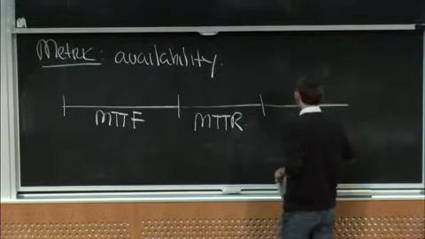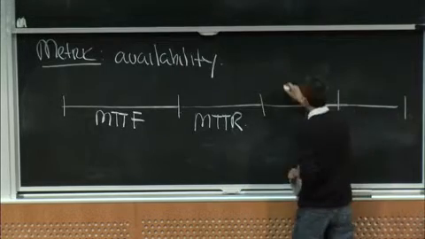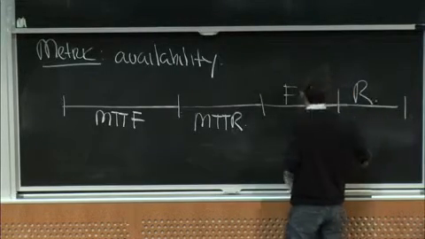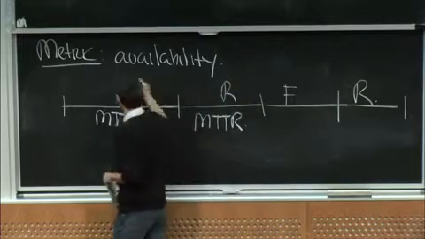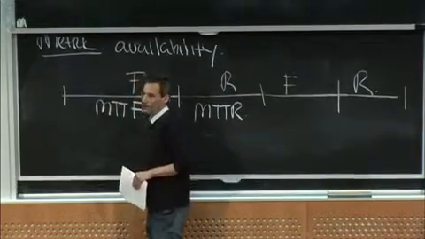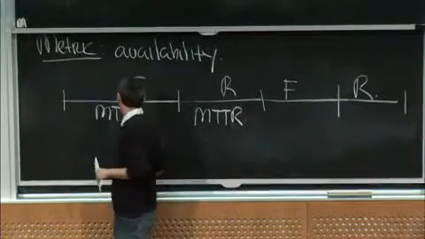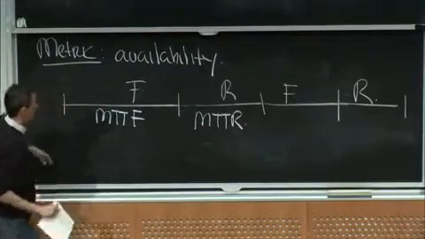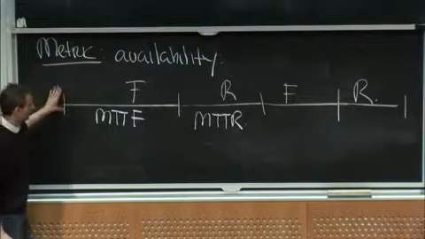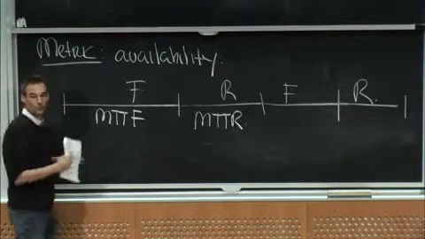So the system goes through these cycles of failure, repair, etc. Now we can easily define availability. We can just ask, when is the system available? Clearly in the period between the two failures.